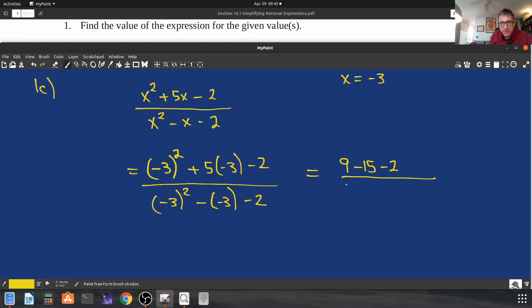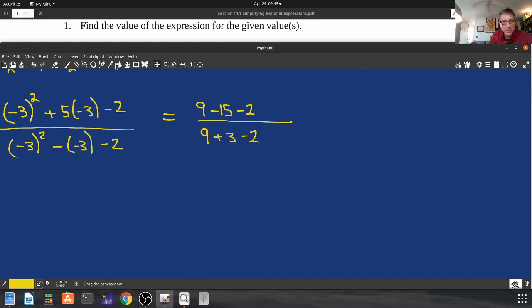Down on the bottom, again, I have 9. Minus a minus 3 is plus 3, minus 2. And now all I have to do is simplify the numerator. So 9 minus 15 minus 2 is the same as 9 minus 17, which is minus 8.